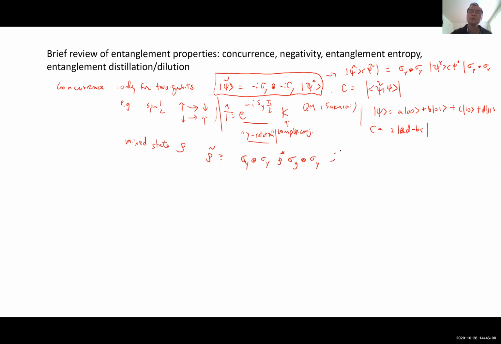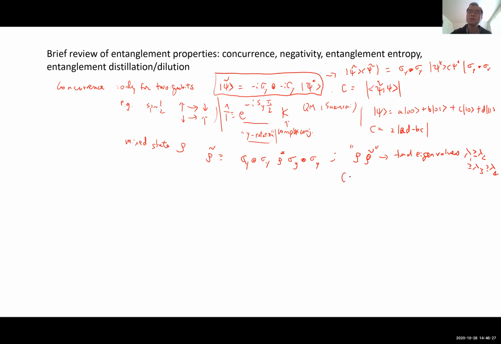So a mixed state is more complicated. You have to form this density matrix, and then you take the product and find the eigenvalues lambda 1, lambda 2, lambda 3, lambda 4, because it's a 4x4 matrix.